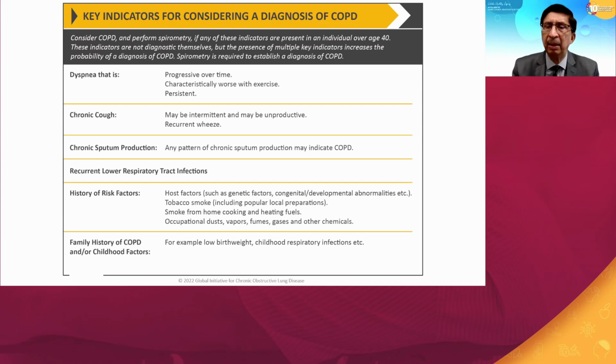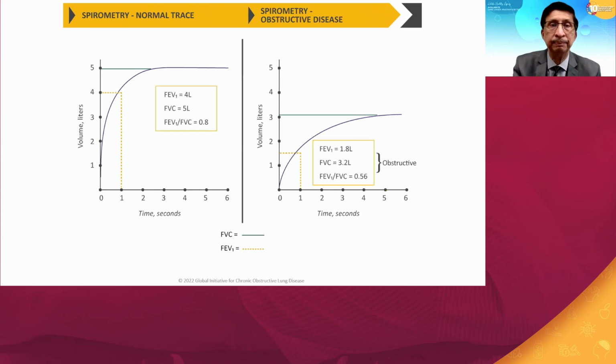And in the background, if you have a history of risk factors like tobacco smoking or smoke from biomass fuels, home cooking, or, very important not to forget, ask the person's occupation. Occupational dust, fumes, gases, or other chemicals may also be implicated. And of course, always look at the family history.